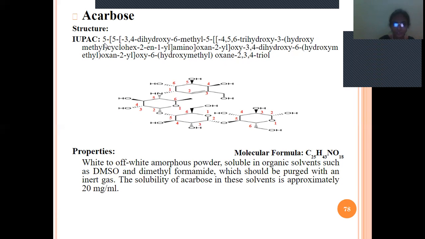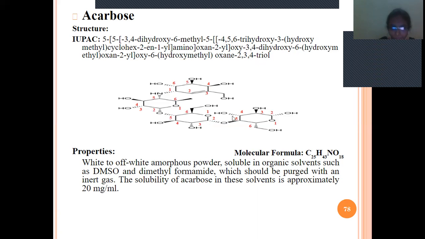See here: 5-[3,4-dihydroxy-6-methyl-5-[[4,5,6-trihydroxy-3-(hydroxymethyl)cyclohexyl]amino]oxan-2-yl]oxy-3,4-dihydroxy-6-(hydroxyethyl)oxan-2-yl]oxy-6-(hydroxymethyl)oxane-2,3,4-triol.